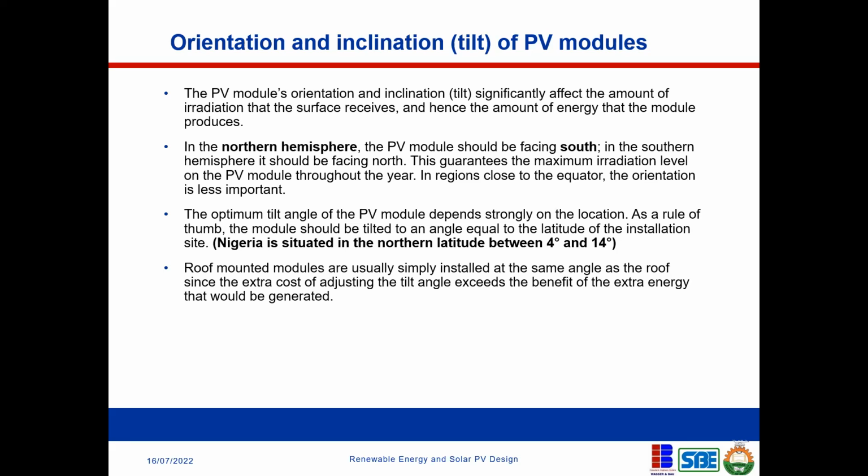Okay, so if you see an installation in Nigeria that is having maybe 20 degrees or more than 20 degrees, it becomes a problem. Okay, now there is a caveat to this. Roof-mounted modules are usually simply installed at the same angle as the roof, since the extra cost of adjusting the tilt angle exceeds the benefit of the extra energy that will be generated.